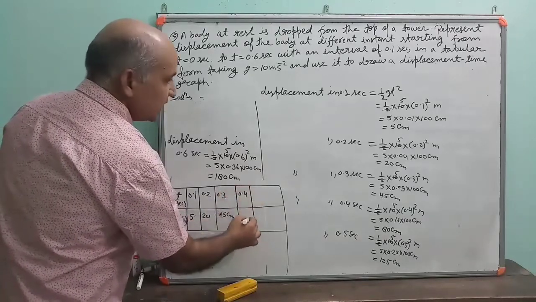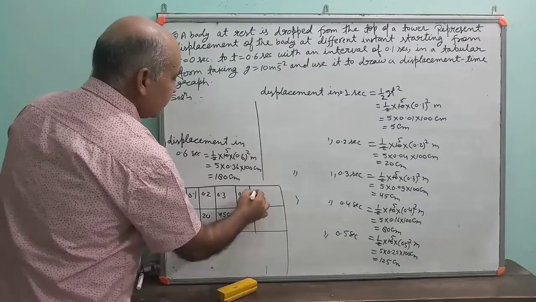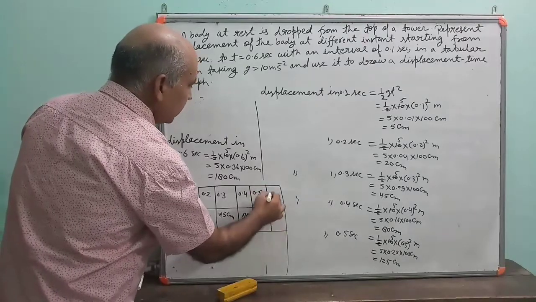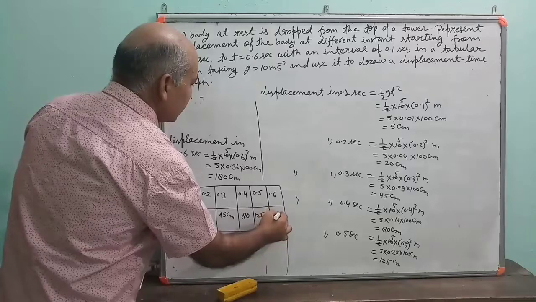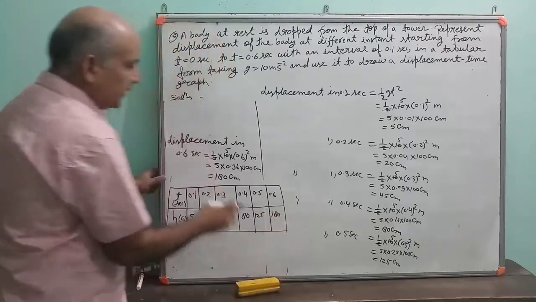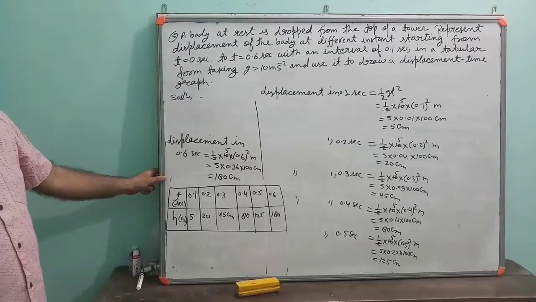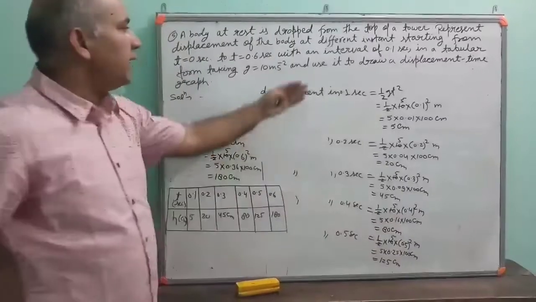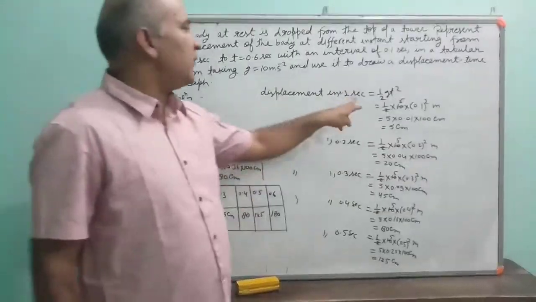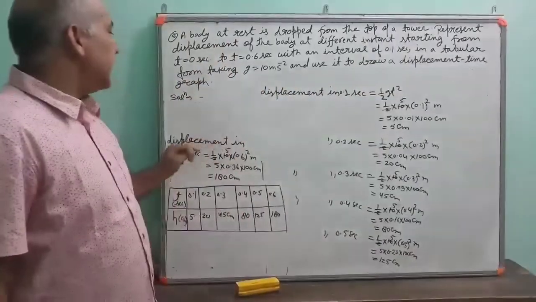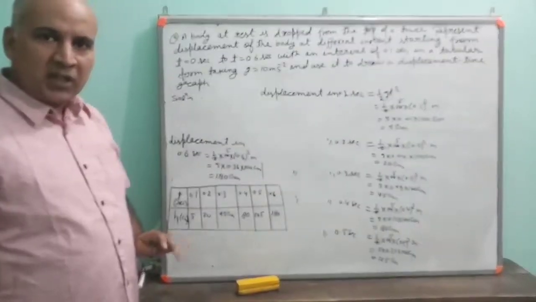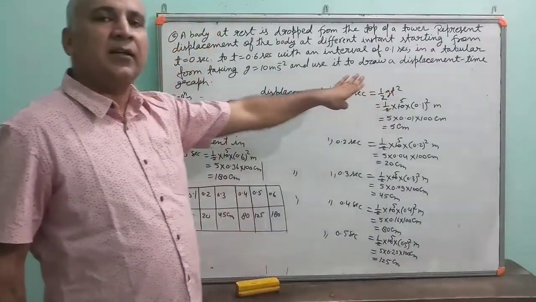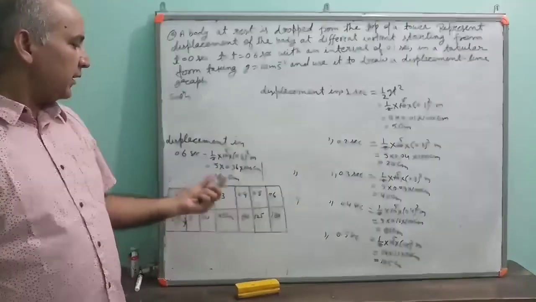In 0.4 seconds it is 80 centimeter. In 0.5 seconds it is 125 centimeter. In 0.6 seconds it is 180 centimeter. See, in the tabular form we have arranged. Understood? We have found the displacement in every 0.1 seconds by using the formula half gt square, because initial velocity was 0. Since initial velocity is 0 here, that is why h is equal to half gt square. By using this formula we have got the displacement.